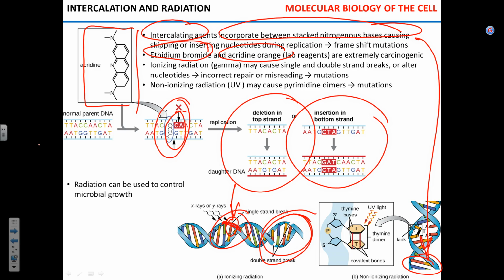Like if you have breaks in both strands, then another DNA molecule, another double strand, is used to proofread and replace. It goes through the recombination. So the idea is to copy the part of another DNA molecule and insert it instead of the broken one.